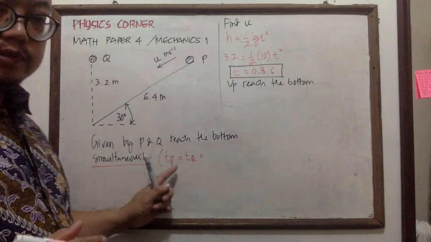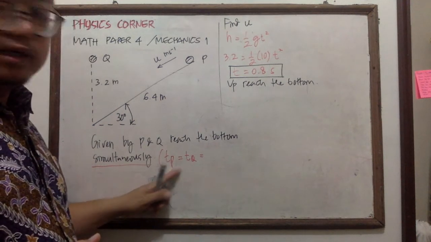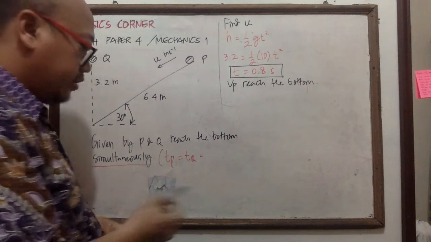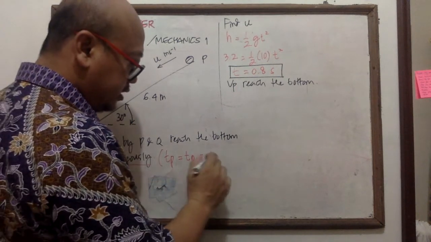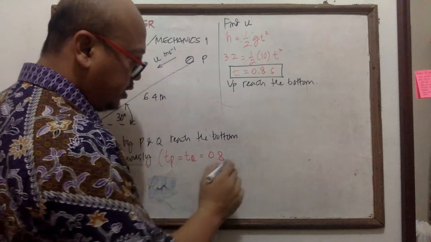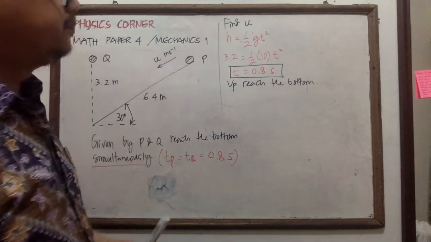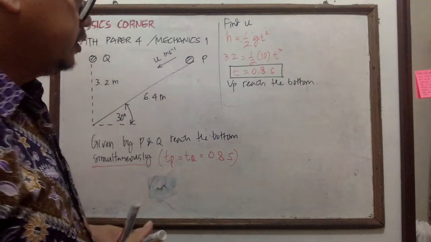So come back to the expression that TP equals TQ. So TP is also 0.8 seconds, until it hits the bottom here. Continue.